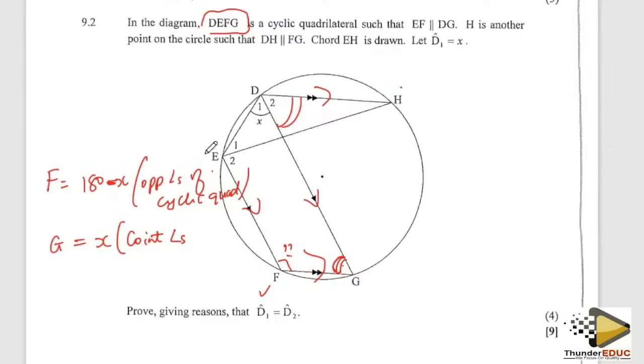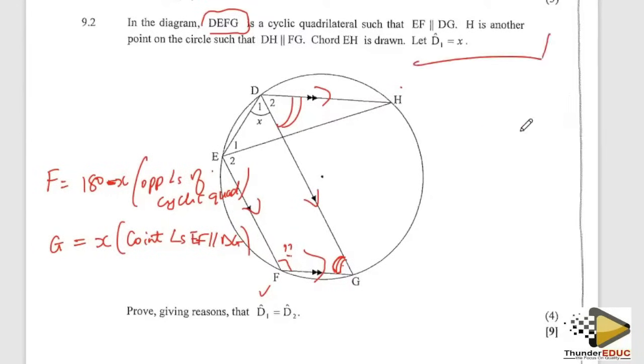They are co-interior because EF is parallel to DG. Remember, if you have two parallel lines, this angle and this angle must add up to 180. So if this is 180 minus X, this is too small.